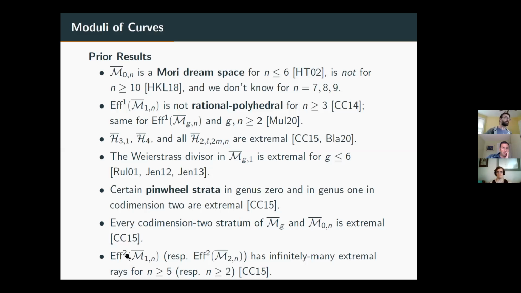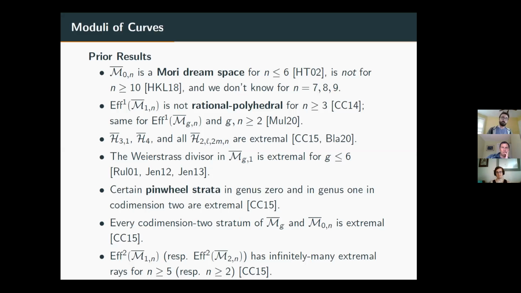The other direction you could go, which is like bullets 3, 4, 5, and 6, is looking at families of classes throughout a wide variety of cones and saying, are these extremal in whatever cone they live in?